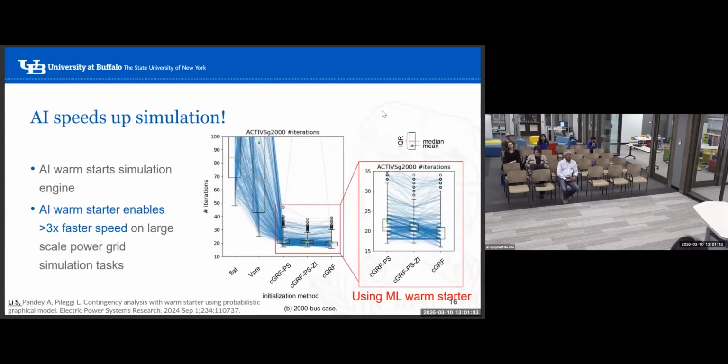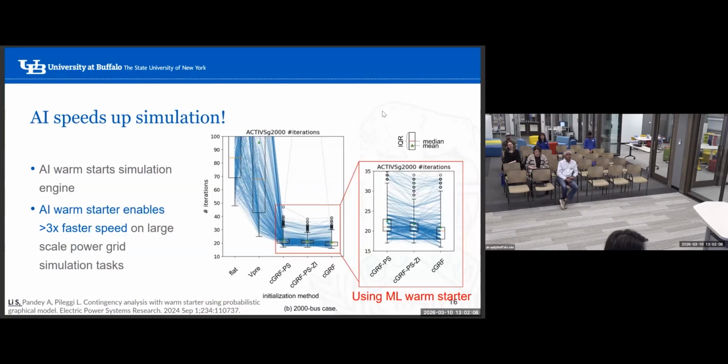Furthermore, we also leverage some artificial intelligence to further speed up the optimization problems, as previously proposed. Basically, we use some machine learning to predict the solution that might come from those simulations. Those predictions are then used as an initial guess to initialize your optimization engine.